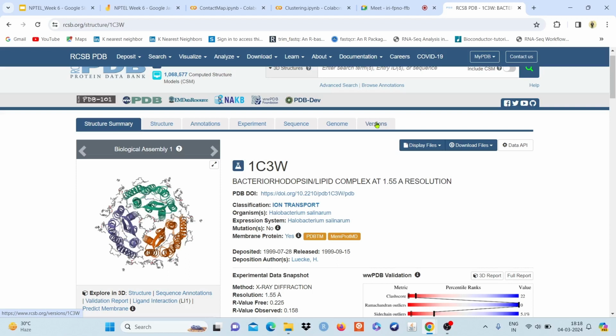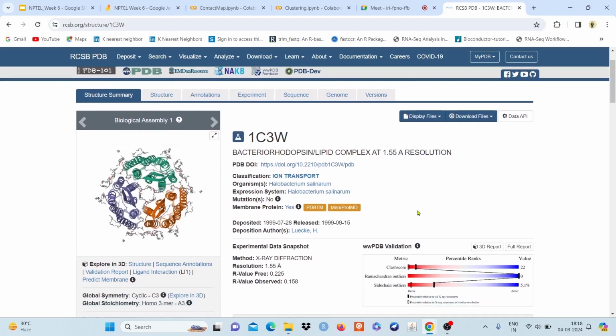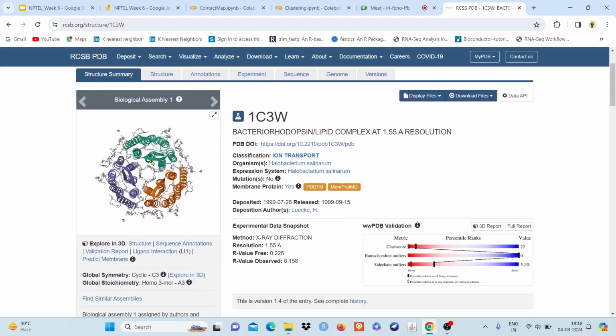Even in the header section of a PDB file, the experimental details are given. When we observe the left hand side, the structure has been displayed.